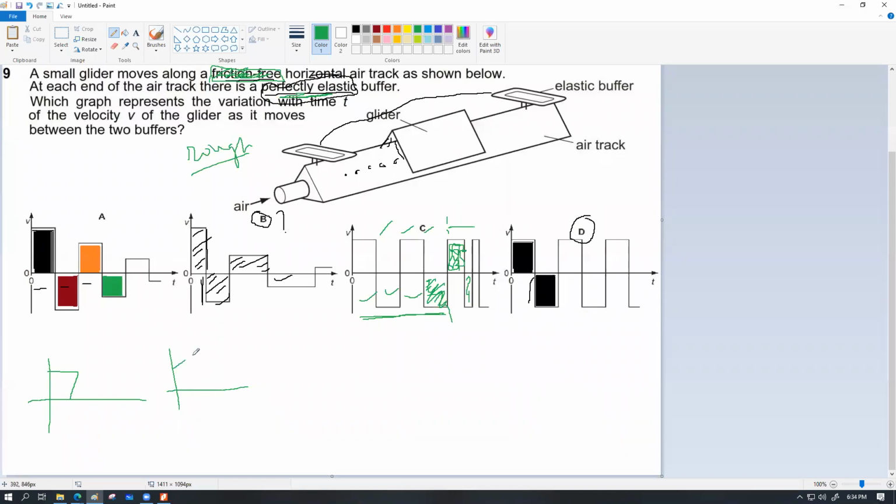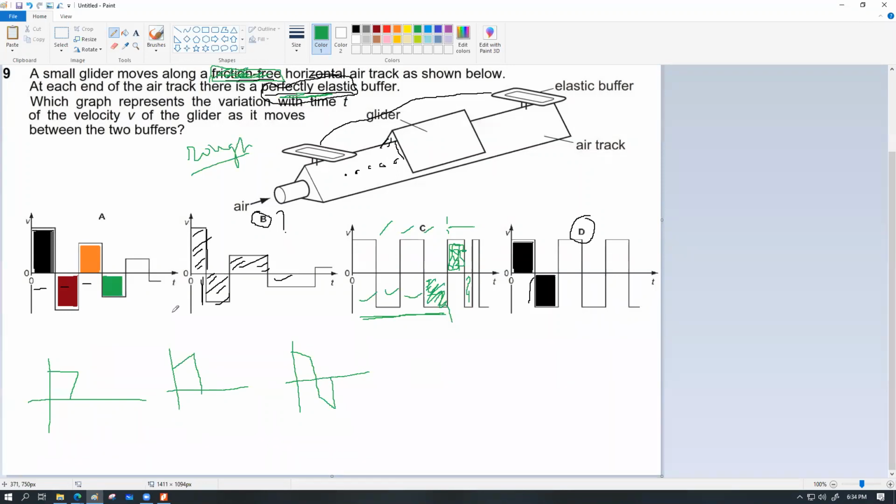So something like this. The top part of the downward rectangle sloping would be downwards. Something like this. Yes sir. Achha, and then like this. No, that one will be upwards.